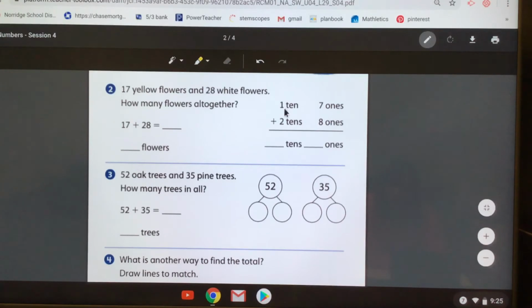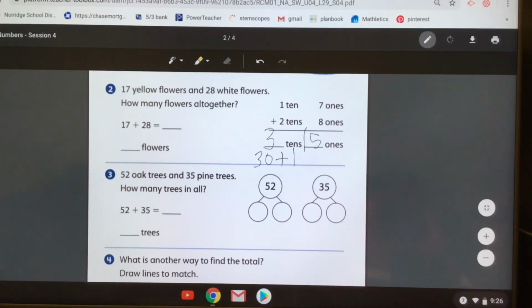Okay, so if we add our 10s together, 1 plus 2 is 3. And if we add our 1s together, 7 plus 8 is 15. Now remember, you have to break this apart. This 15 is going to be, well, let's start here. 3 10s is 30. Plus, in the number 15, you have another 10 and 5 1s.